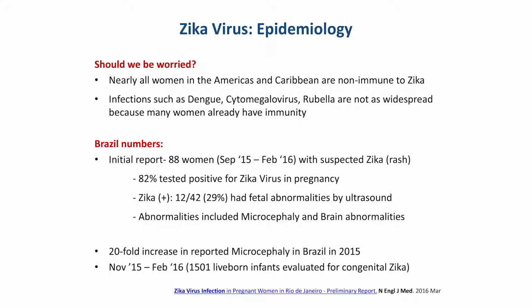The abnormalities included microcephaly, so very small head and small brain, and brain abnormalities. Brain abnormalities were the most common abnormality seen. There was a 20-fold increase in the rate of microcephaly in Brazil in 2015. Between November 2015 and February 2016, just 4 months, over 1,500 babies were evaluated for congenital Zika, with evaluations by neonatologists and pediatricians.